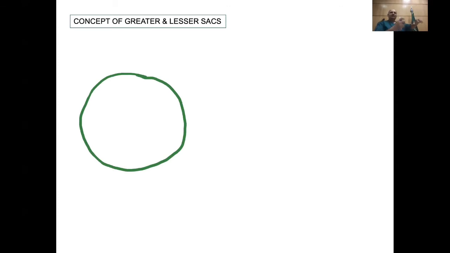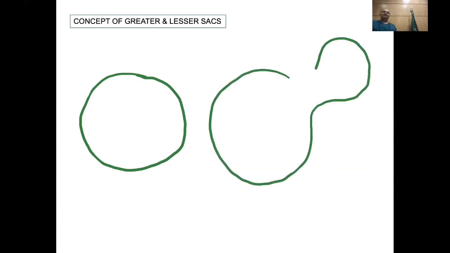You tie its mouth, it's a sac. Now, this sac undergoes some changes. We pinch at one place, it's been pinched here. So now, one part is big and one part is small. The big part I call the greater sac. The small part I call the lesser sac.